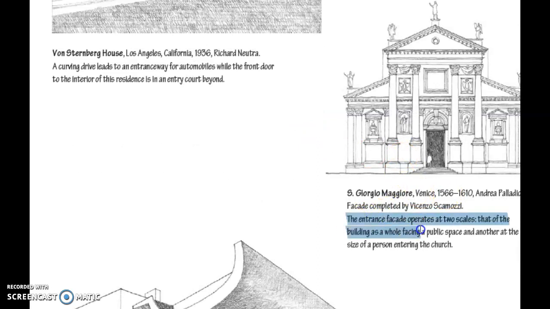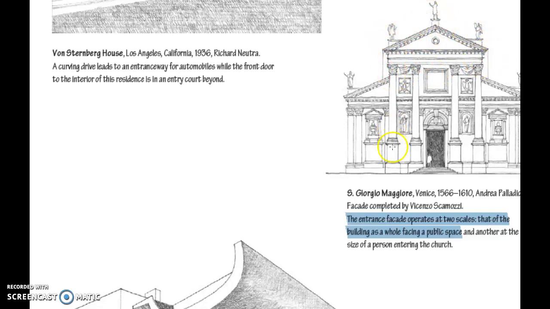The entrance facade operates at two scales here. See, one scale is here. If you see the whole building, I think it is a church, you will see that this central part is a little elevated and a little loud by way of these double height columns and pediment on top with more articulation.